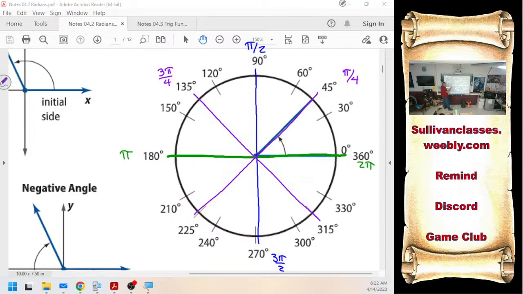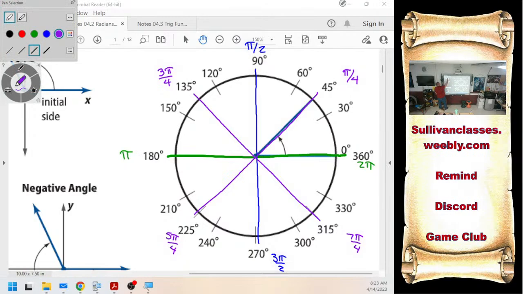Where's the next one and what is it? 5 pi over 4 at 225. 6 pi over 4 is at 270, already there and reduced. 7 pi over 4 at 315.